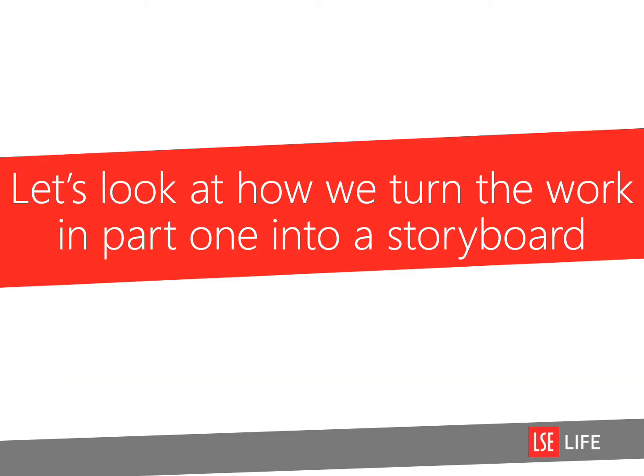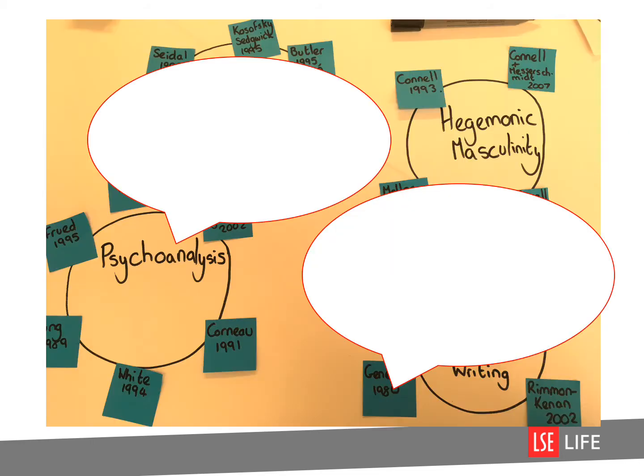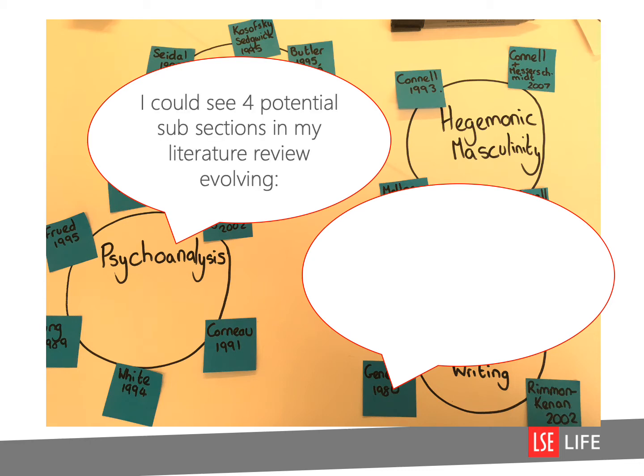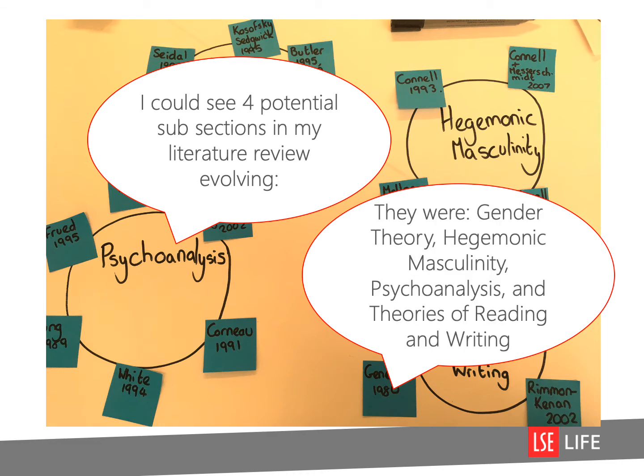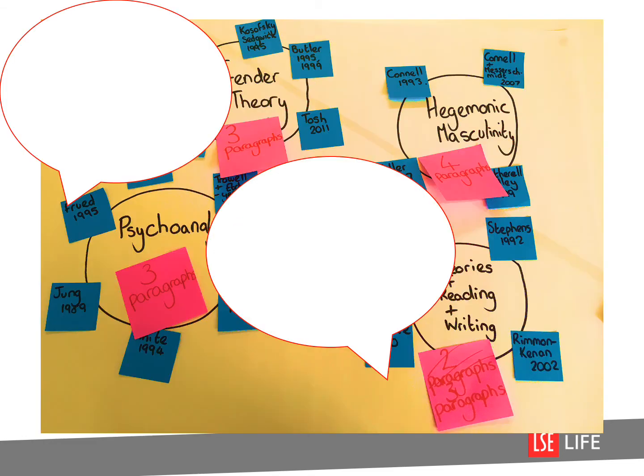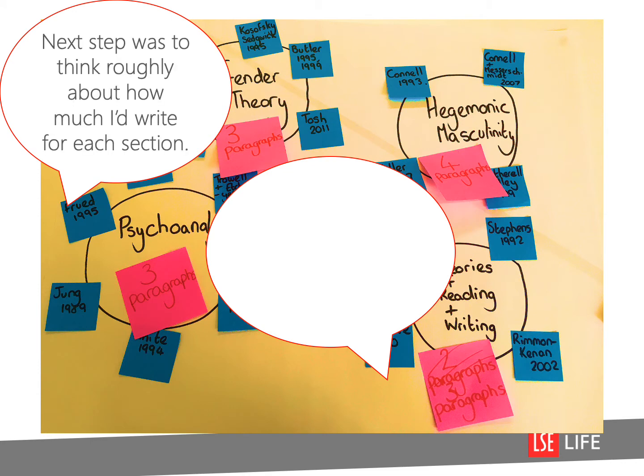Let's look at how we turn the work in part 1 into a storyboard. If you remember where we were at the end of part 1, I could see 4 potential subsections in my literature review evolving. At that point, they were gender theory, hegemonic masculinity, psychoanalysis, and theories of reading and writing. The next step was to think roughly about how much I'd write for each section.